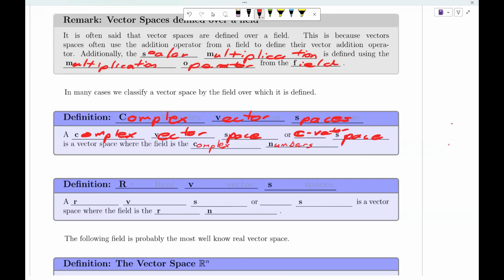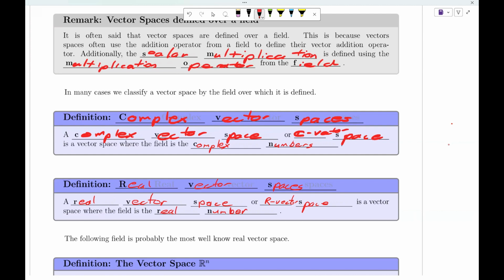Okay. And a real vector space, or R vector space, is a vector space where the field is the real numbers.